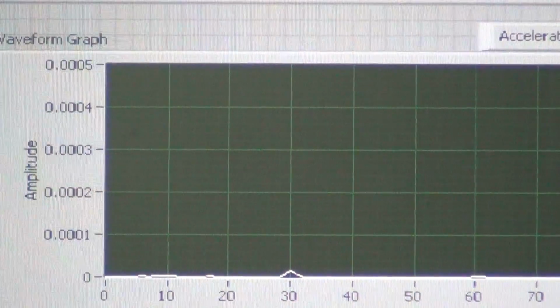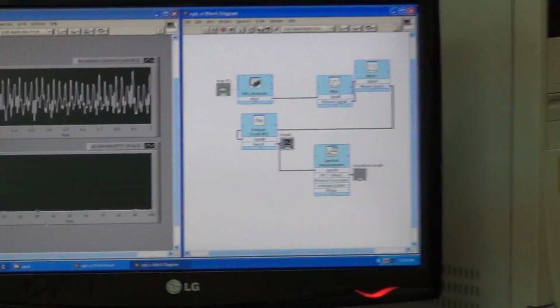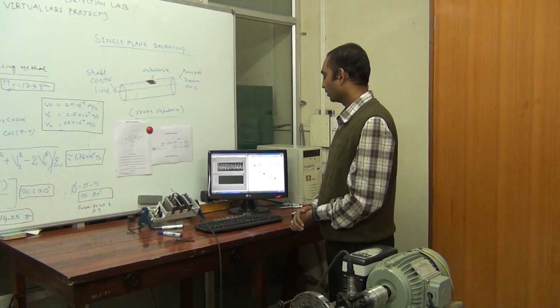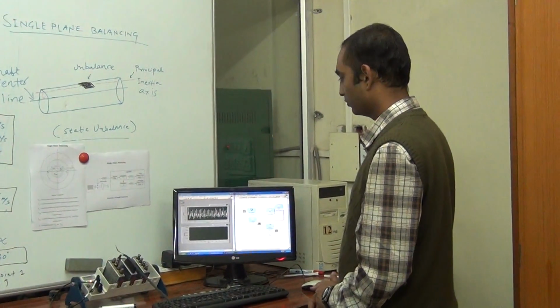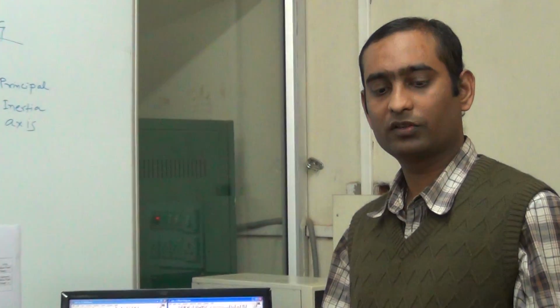So it can be concluded that this is a very effective method of doing single plane balancing, and it is generally applicable to all kinds of rotating systems. So this is all about single plane balancing using the 2-point mass balancing method.